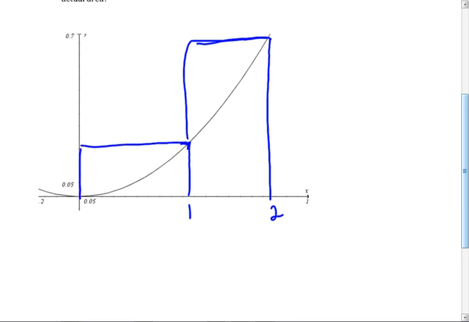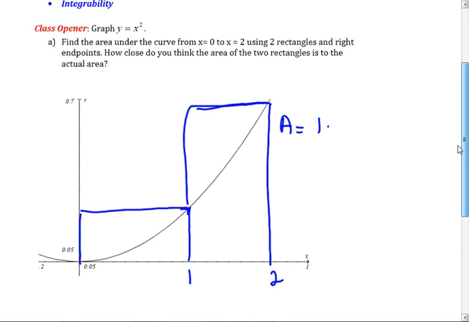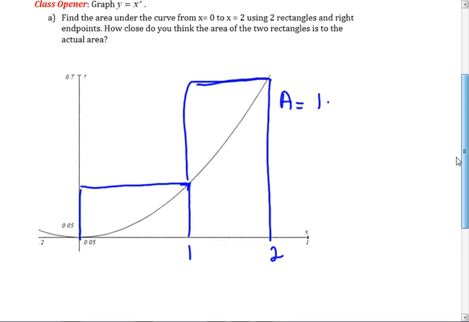And I'll let you think about, and maybe Monday if you remind me, what would be the requirements to get an overestimate or an underestimate. So what's the area? It's equal to the base, which is 1. Yes, it said from 0 to 2 with two rectangles. Okay, and then it's f of 1 plus 1 times f of 2.